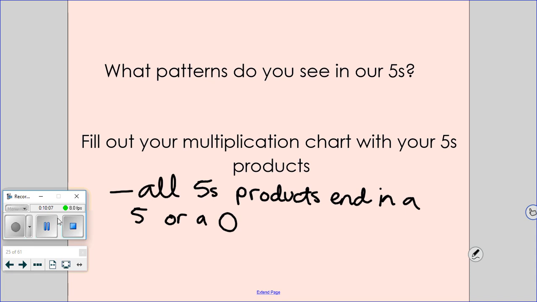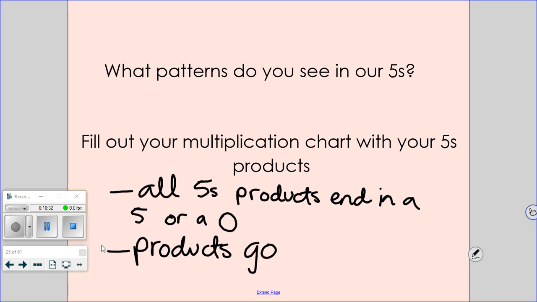Ashton? The 5 is odd and then it goes. Oh, so it goes odd and then even. And then odd and then even. Between the lines there's 4 fifths. Uh-huh, because we're counting by 5, so we color in every 5th number.